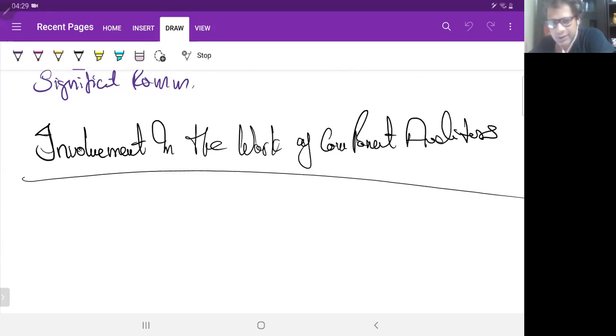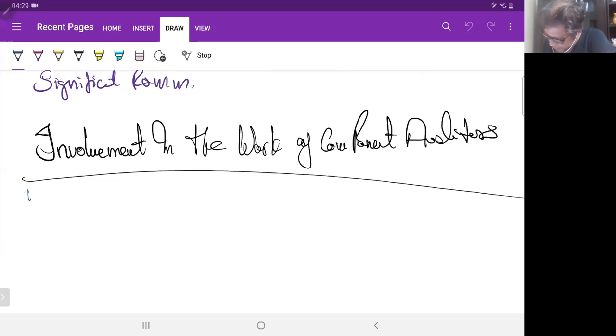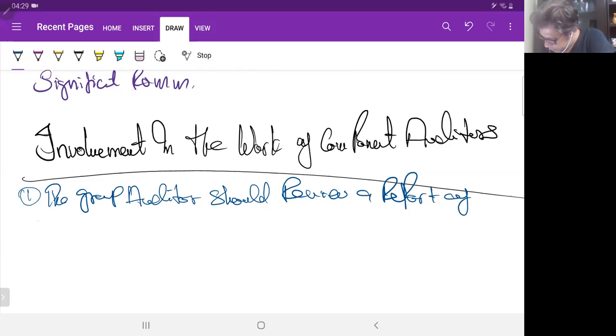So for all companies within the group, regardless of materiality, the group auditor should review a report of work done by the component auditors and evaluate significant matters arising.